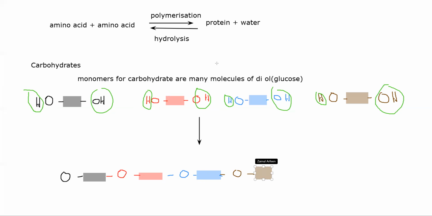And because it is a polymer, it's a continuation, a long chain compound. So we will put n, plus water molecules are also given off, because H and OH result in the formation of H2O. So this is the structure of carbohydrate.